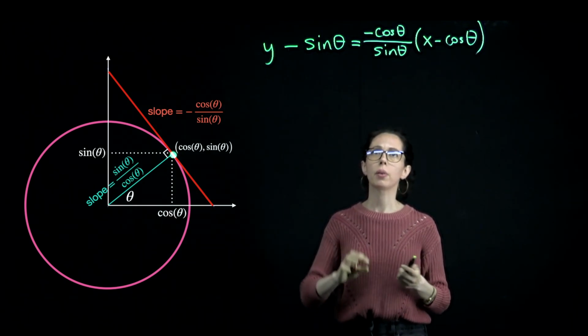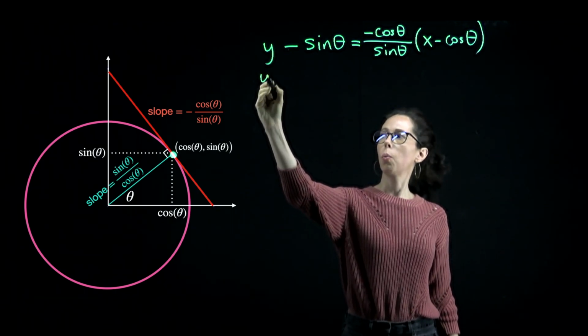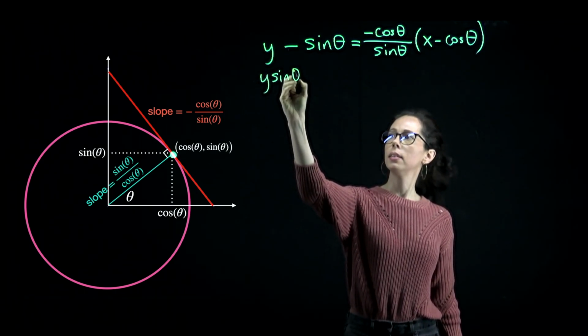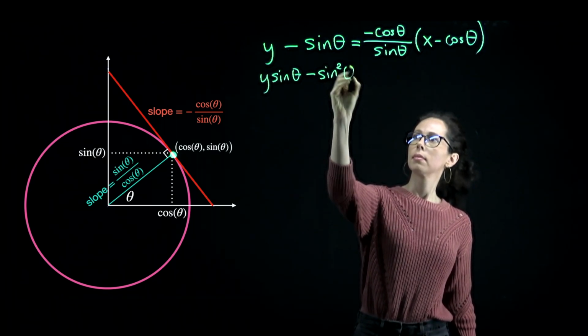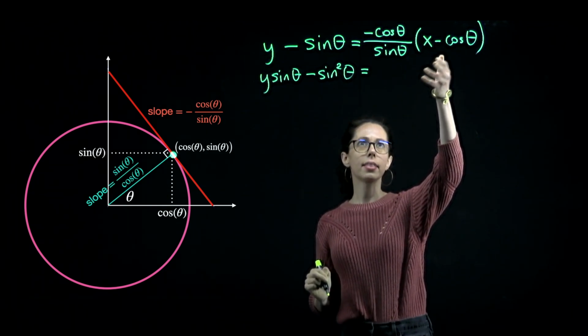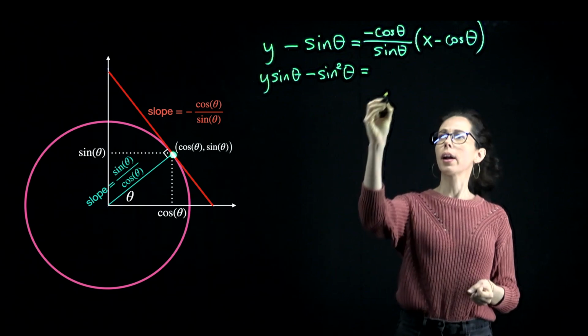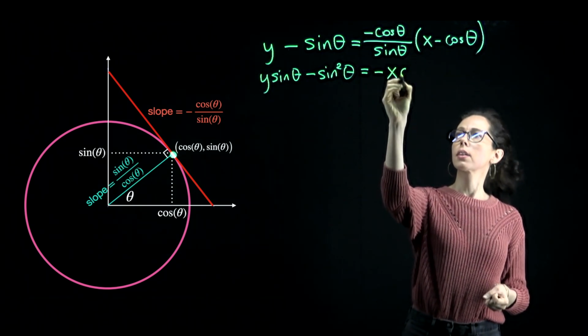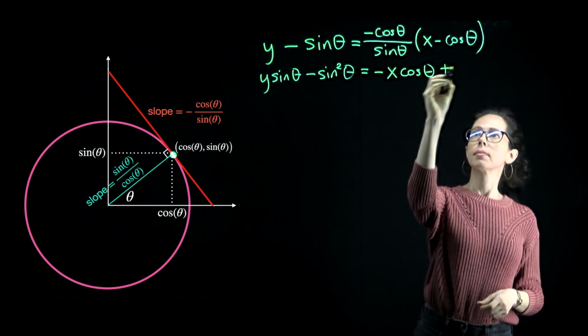What I'm going to do now is multiply both sides by the sine of theta. So that will give me y sine of theta minus sine squared. And then on the right-hand side, we're just going to cancel out that sine of theta. Let me now distribute the negative cosine of theta. Let's write negative x cosine of theta plus cosine squared.